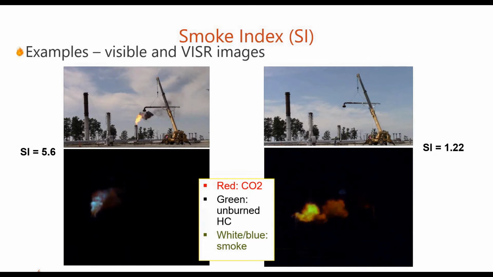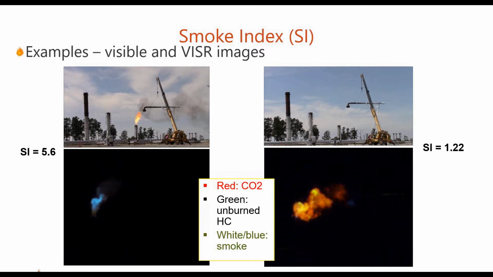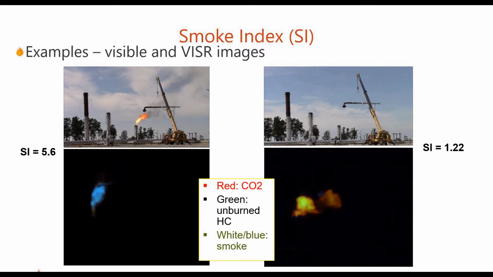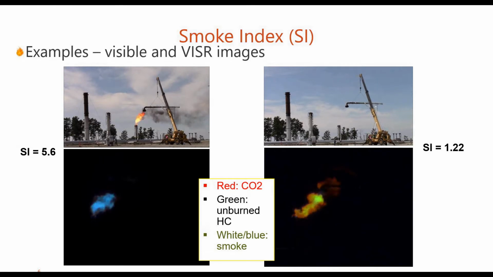If you look at the multispectral image, it's nice and orange and yellow, and the red in this is really a false color multispectral image where we've assigned the CO2 band to red and the hydrocarbon band to green. When you see a whitish, bluish smoke, that is an indication of particulates or solid particles that have broad spectrum radiance. This is just meant as a visual indicator of the data that VISR is streaming.